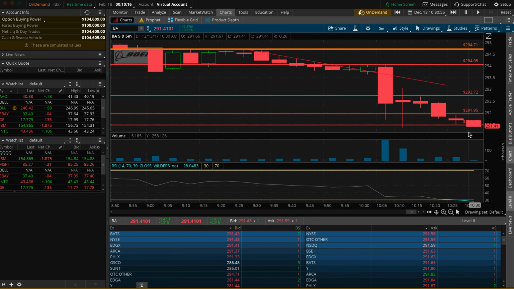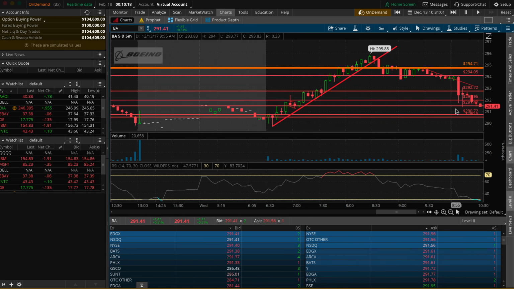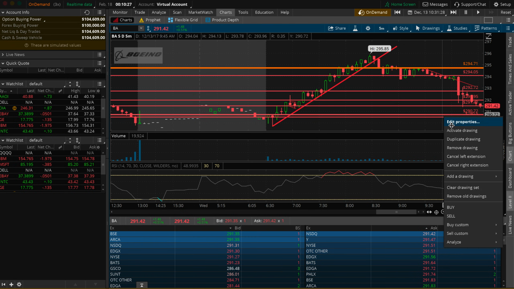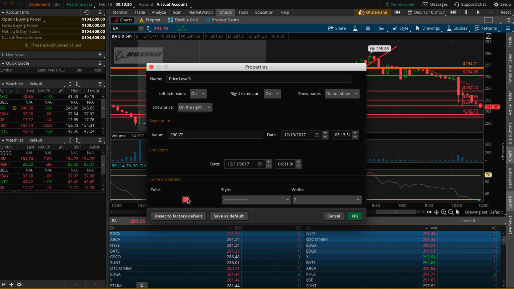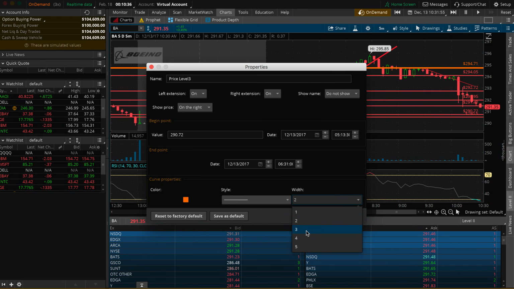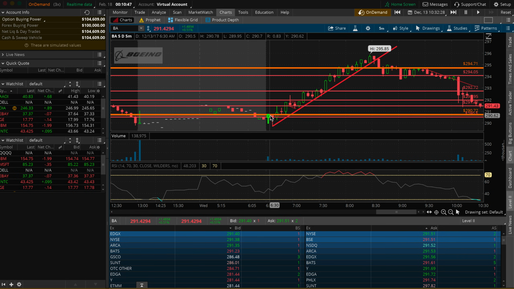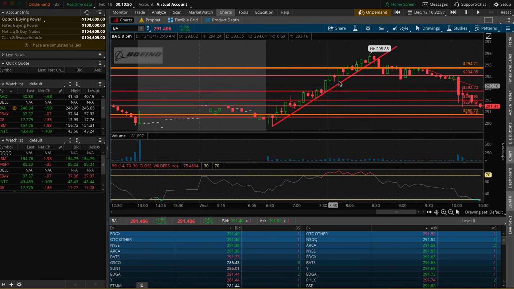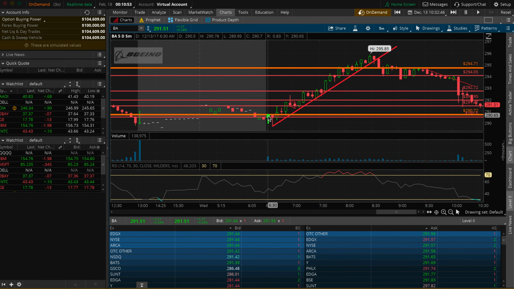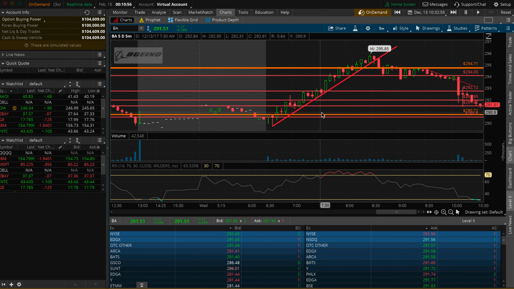And this continues down. And this will continue down until these two right here. This is major support right here, because it's the open. If there's an uptrend, the open will be major support.